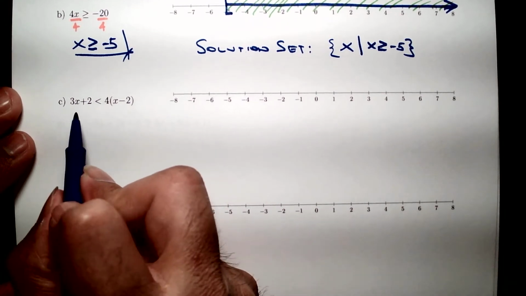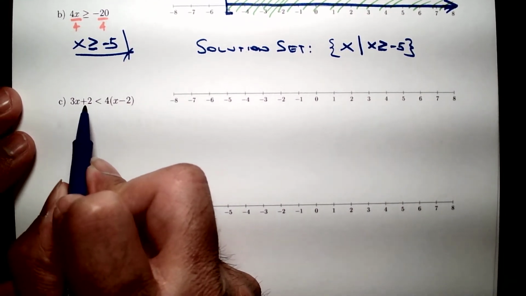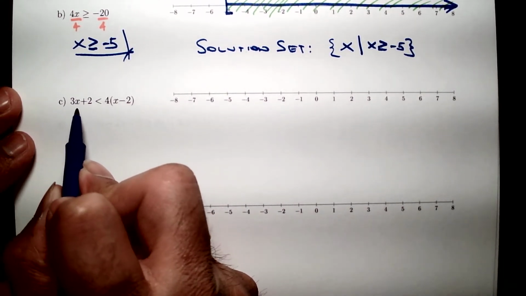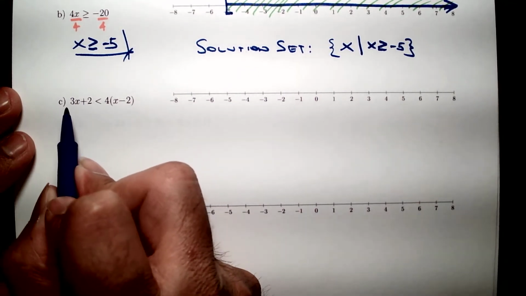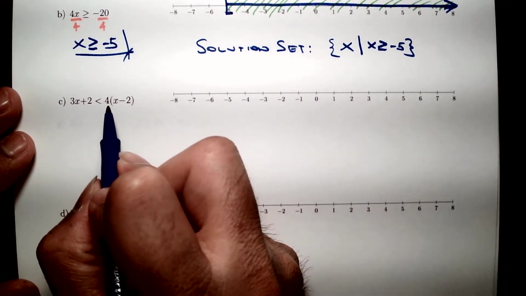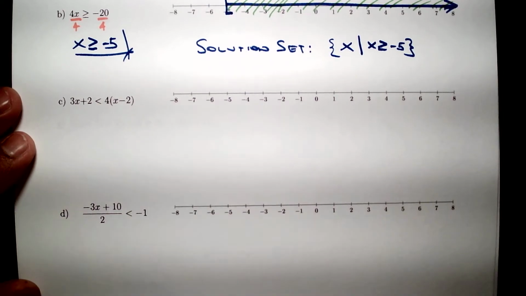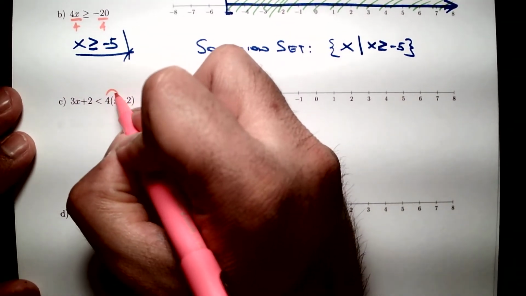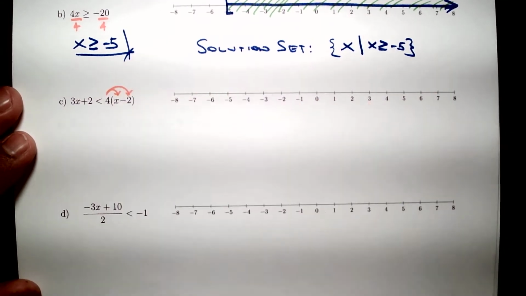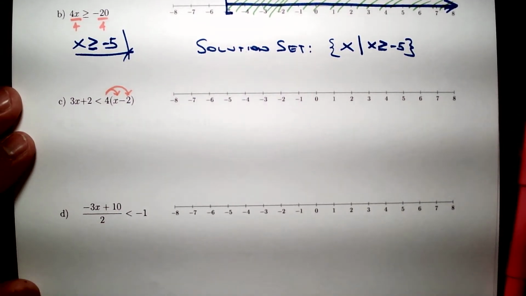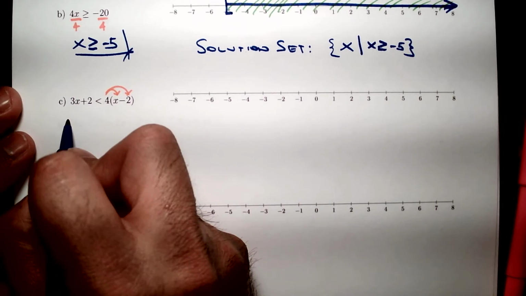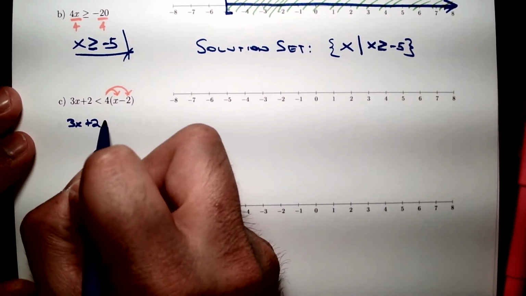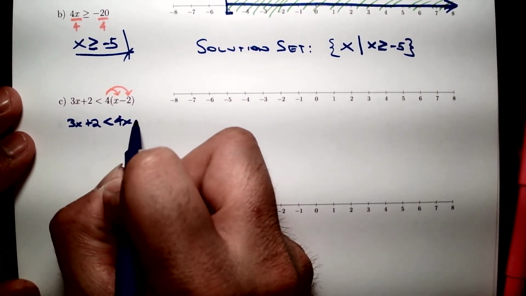In this case, the left-hand side is already simplified, so there's nothing we can do about it. However, on the right-hand side, look at the parentheses here. That means that we are going to use the distributive property. So let's distribute that and get 3x plus 2 less than 4x minus 8.